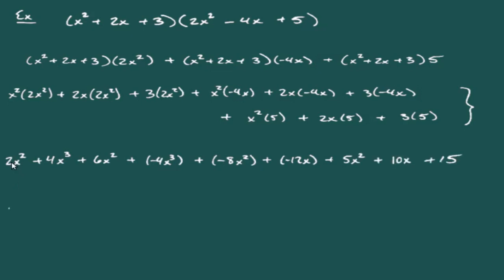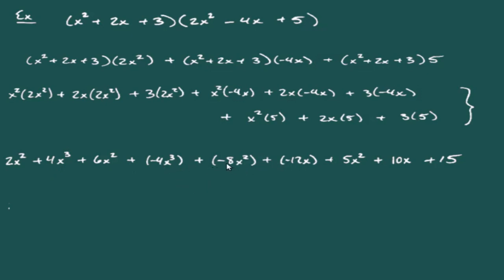2x to the 4th. Our 2x times 2x squared gives us 4x cubed. 3 times 2x squared gives us 6x squared. X squared times a minus 4x gives us a negative 4x cubed.